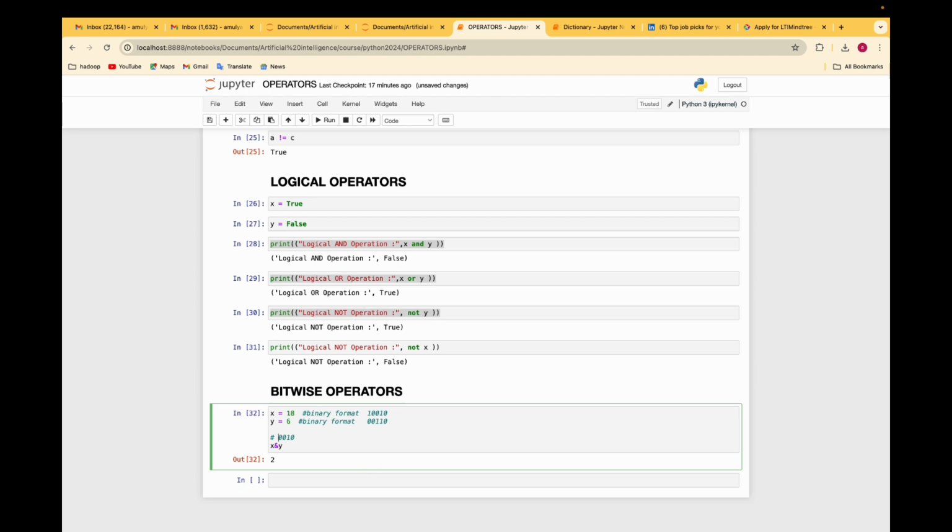Oh sorry, 1 0 is 0 again, because to be 1 both have to be 1, so it's number 2. That's the reason how we got number 2.